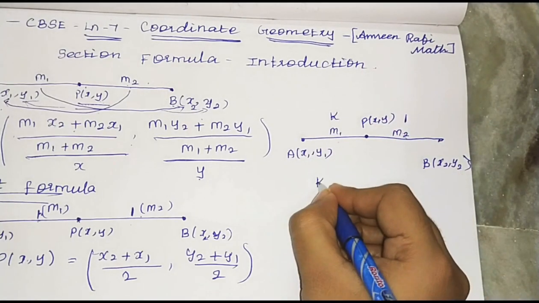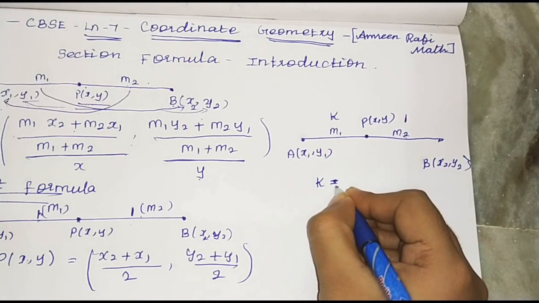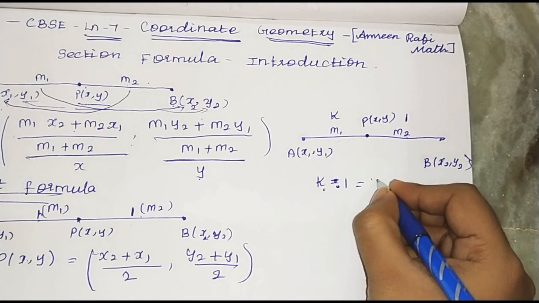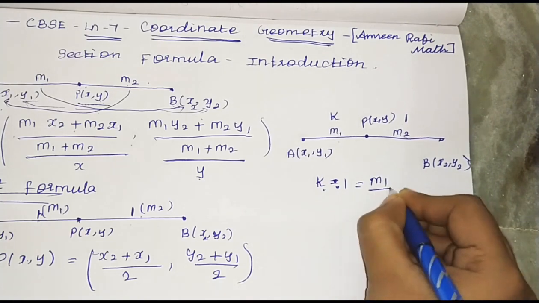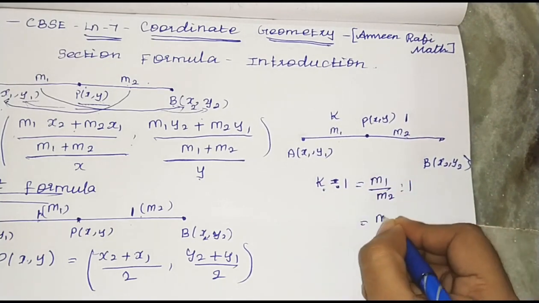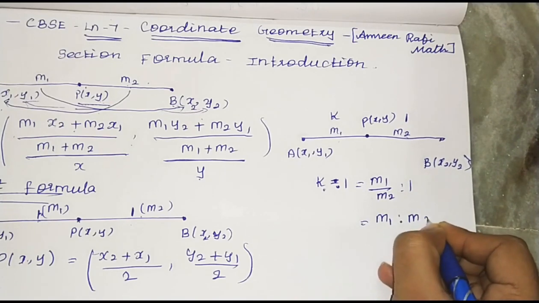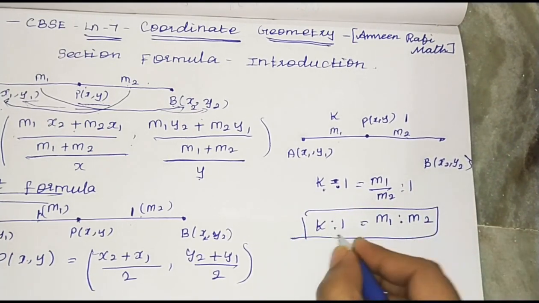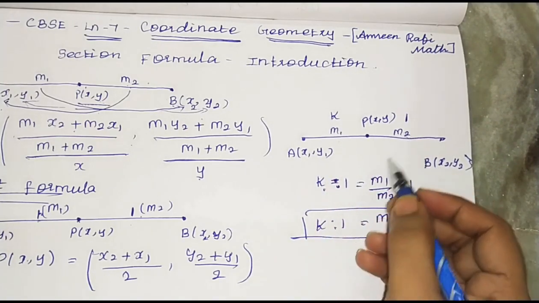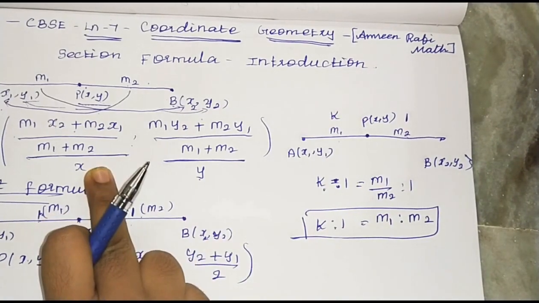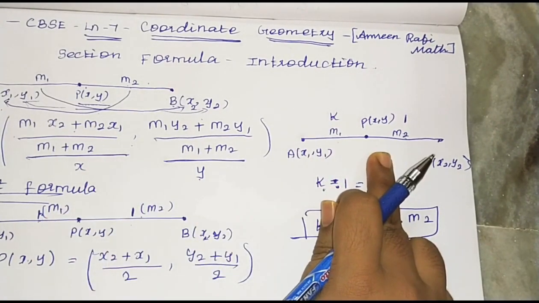So K value is m1 by m2 is to 1. This we can rewrite as m1 is to m2. So instead of m1 and m2 we write k is to 1. Now instead of m1 we substitute k in the section formula, and instead of m2 we substitute 1.